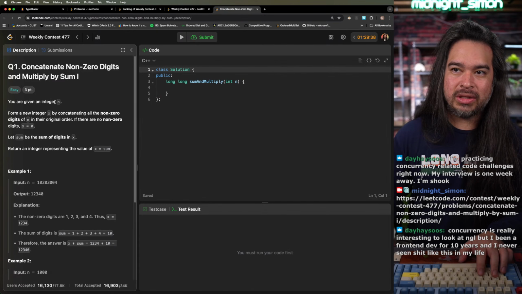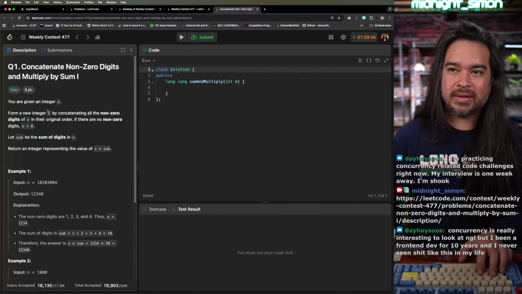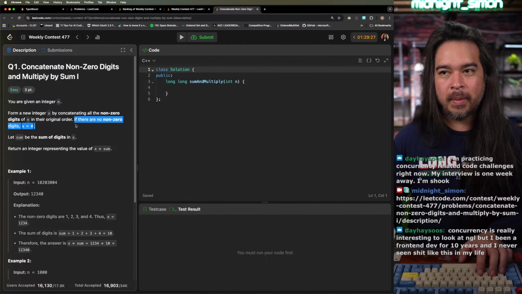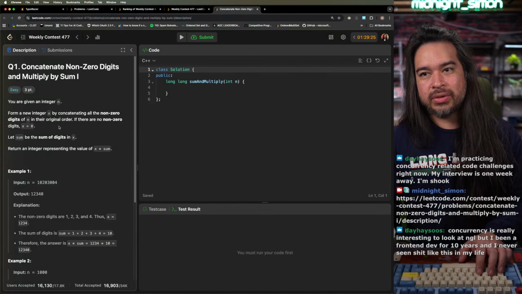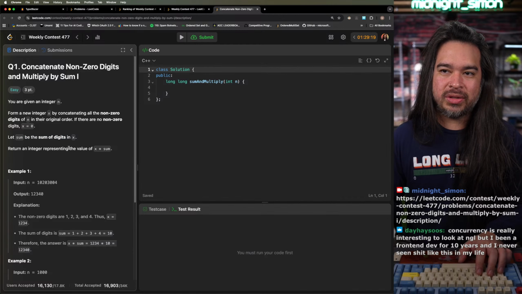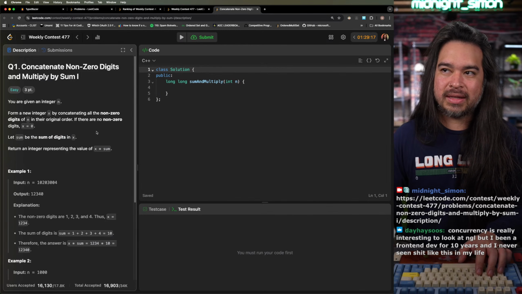You're given an integer n. Form a new integer x by concatenating all the non-zero digits of n in their original order. If there are no non-zero digits, x equals 0. Let sum be the sum of digits in x. Return an integer representing the value of x times sum.